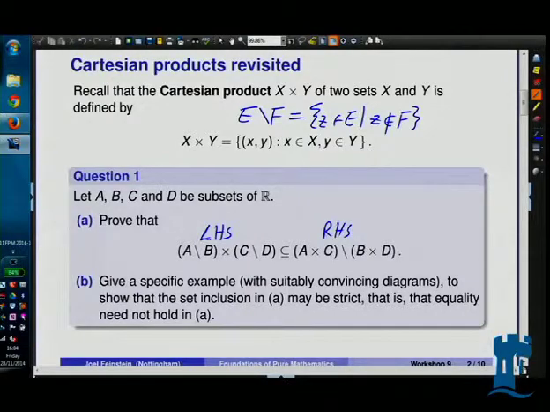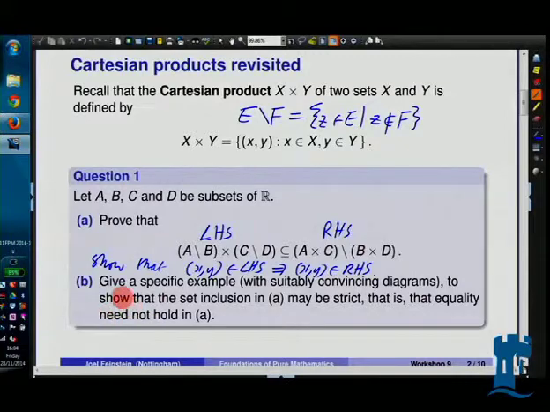And for part A, what you have to do is show that these are sets of ordered pairs, so you have to prove that if x, y is in the left-hand side, then it has to be in the right-hand side. Okay, that's how you prove the left-hand side is a subset of the right-hand side.